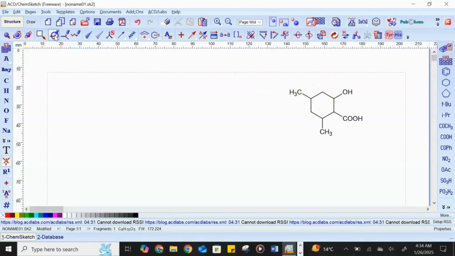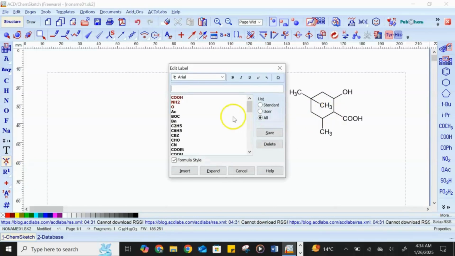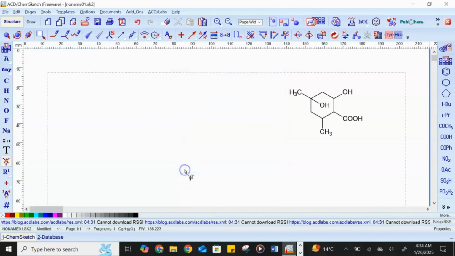So now we're done with that. We want to move to the next part where we're also going to change this to a hydroxy group. So we click on this again, type OH, and insert. What else do we have to do now? We have to keep making this bond continuously. Watch closely what I'm doing.